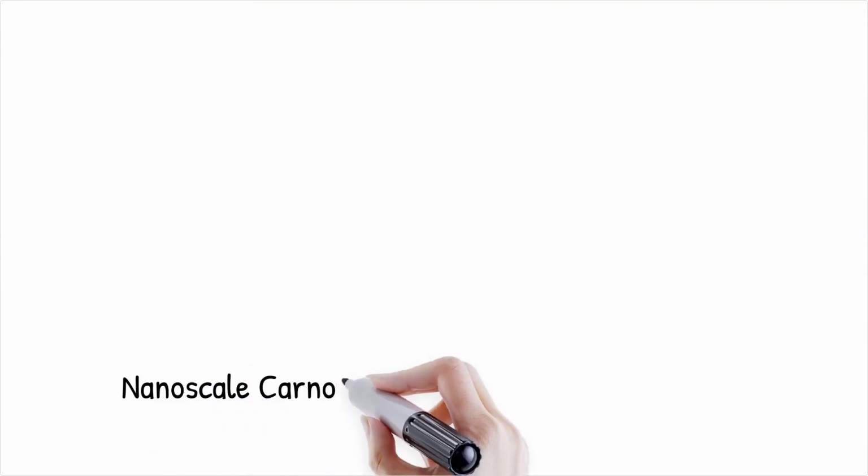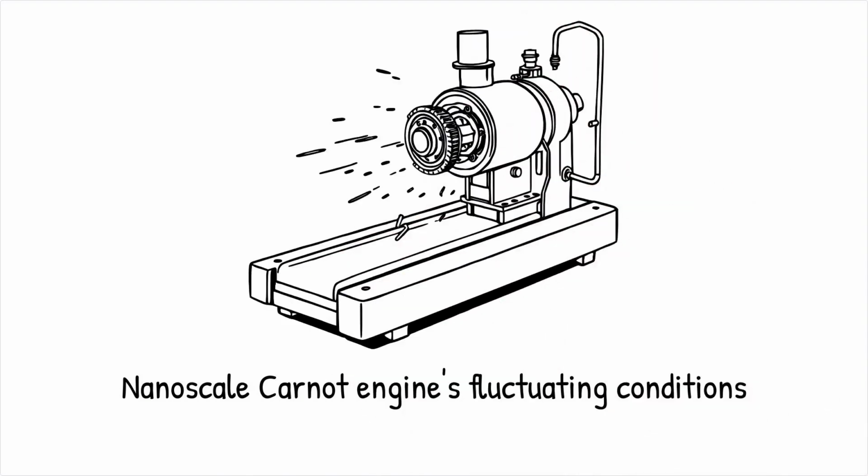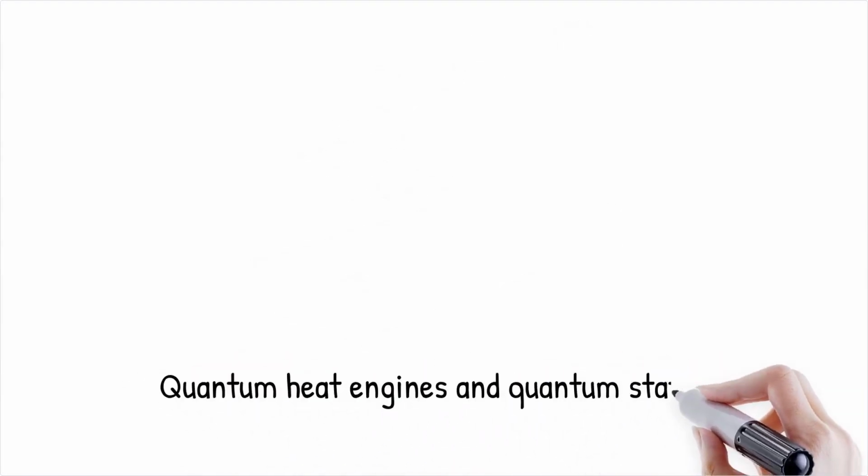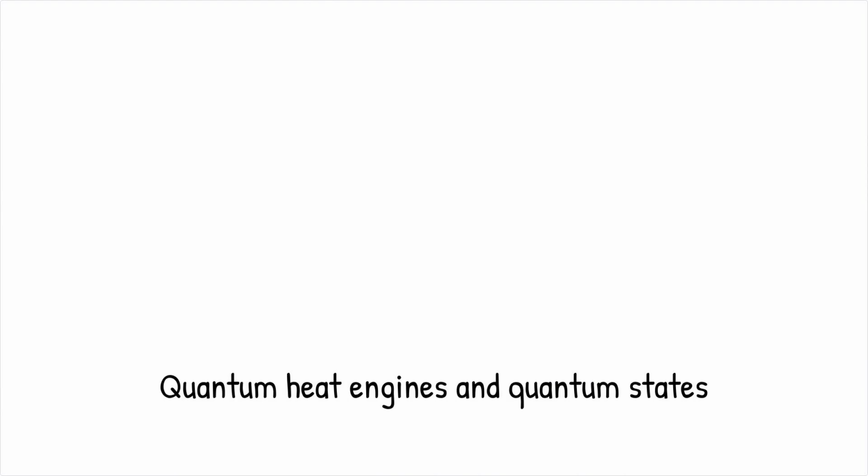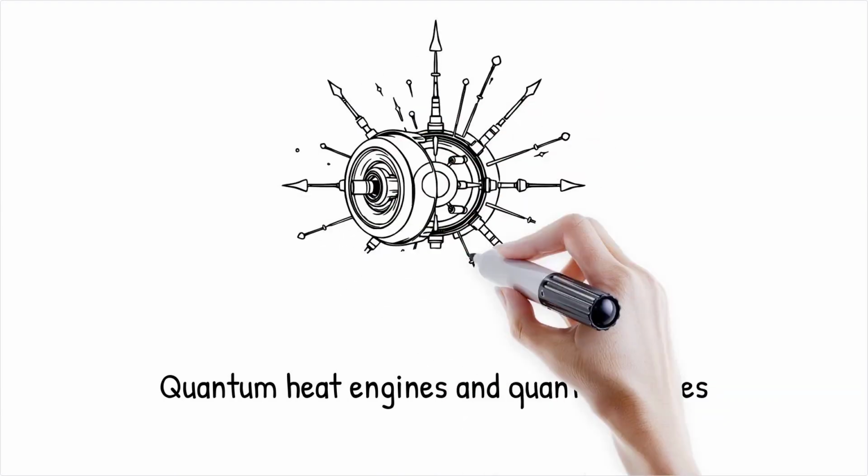A nanoscale Carnot engine, for example, operates under conditions dictated by fluctuations, deviating from classical Carnot efficiency limits. It's like running a race on a treadmill that randomly speeds up or slows down, requiring dynamic adaptation to unpredictable conditions. Quantum heat engines take this further by exploiting phenomena like coherence and entanglement to enhance performance.